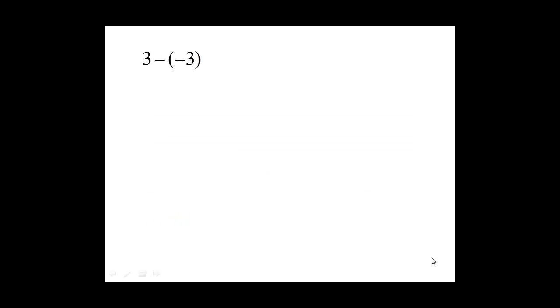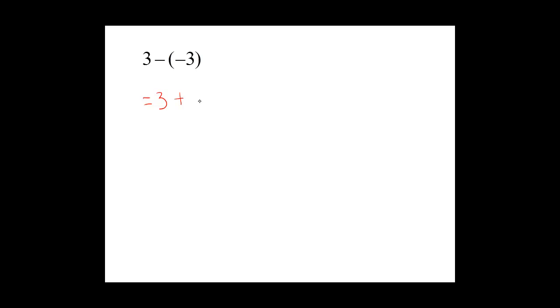Our next problem is 3 minus -3. We can change any subtraction problem to an addition problem by adding the opposite. To change this problem, we are going to add the opposite of -3.